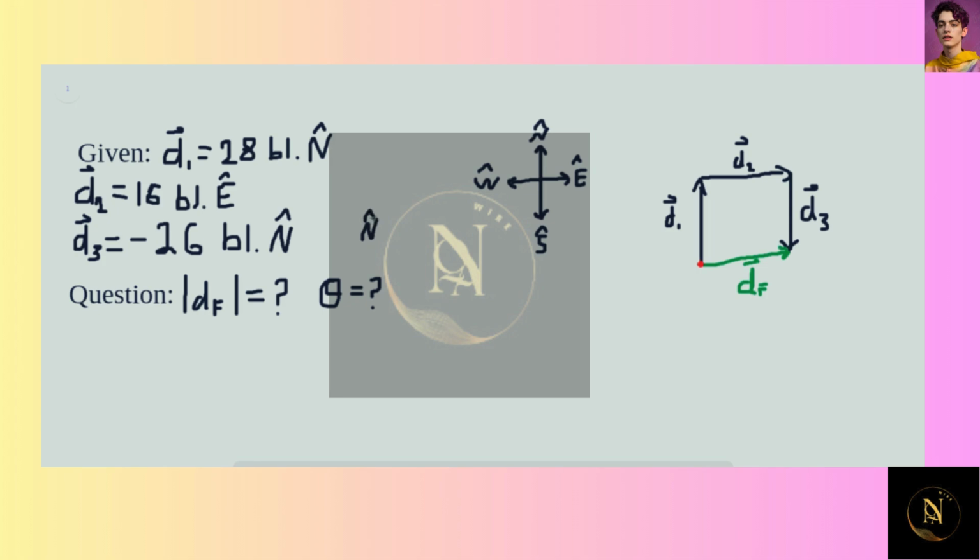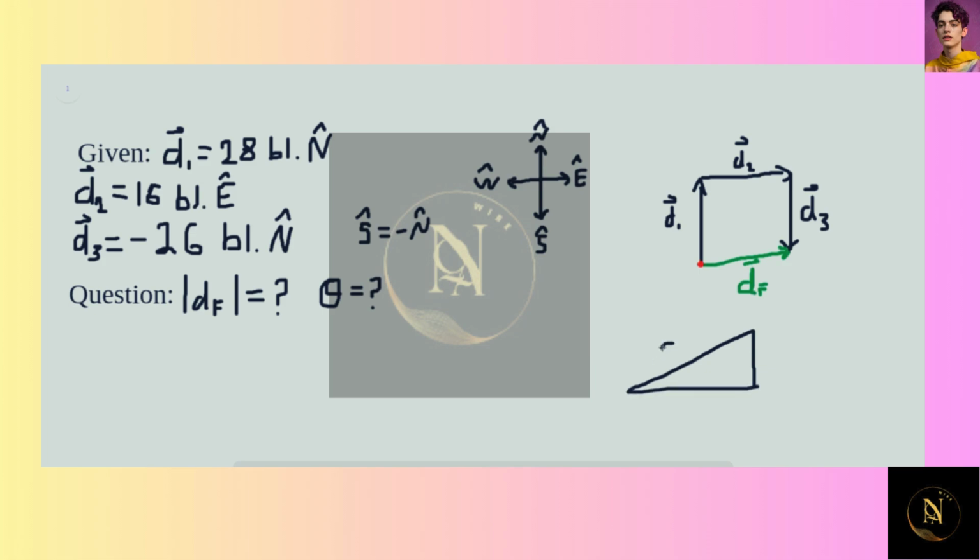And I do that because in our coordinate system, south, because we're originally given that it's 26 blocks south, south is equal to minus north. So I changed our 26 blocks south to minus 26 blocks north. And the question is, what is the magnitude of d f and what is theta? So let's draw this out so you can see what I'm talking about here.